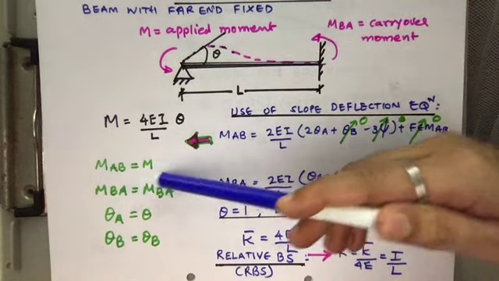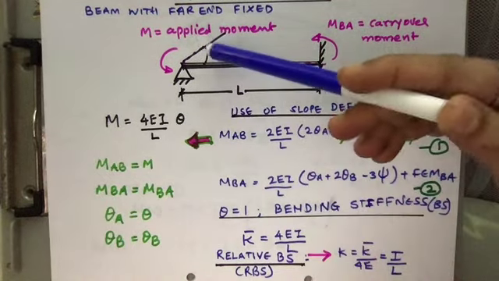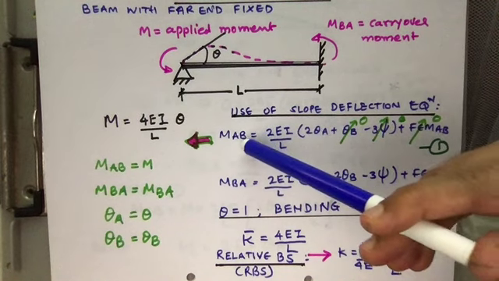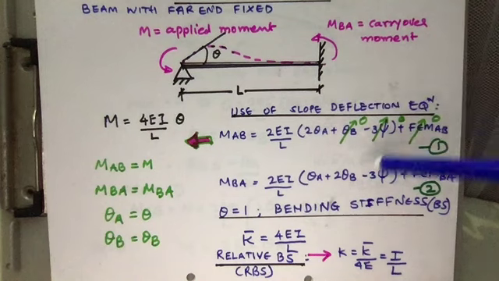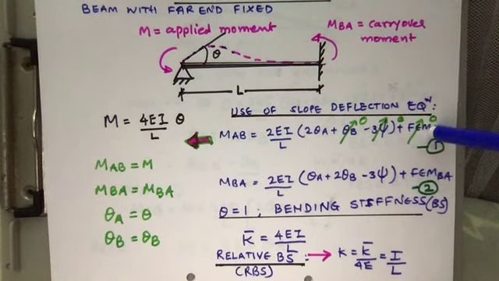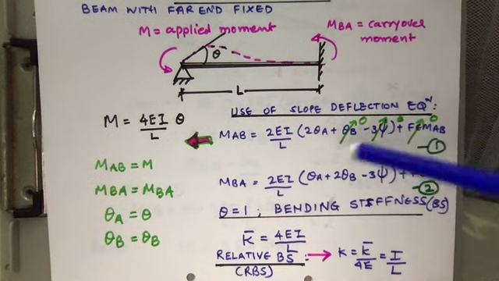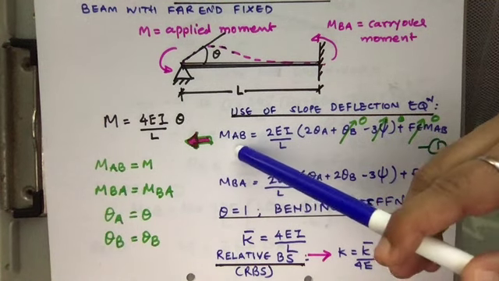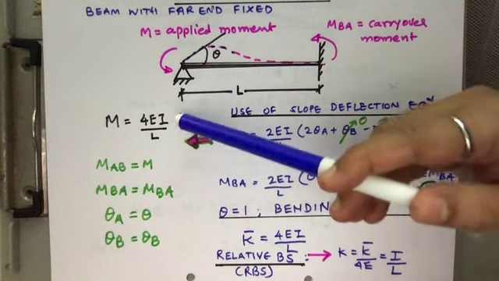Let's call MAB as your moment M and theta A as your theta. Using the slope deflection equation MAB, we put theta B as 0 because of the fixed end, there are no support settlements and there is no loading, so we can consider all these three quantities as 0, and we can write from this equation that M is equal to 4EI by L into theta.